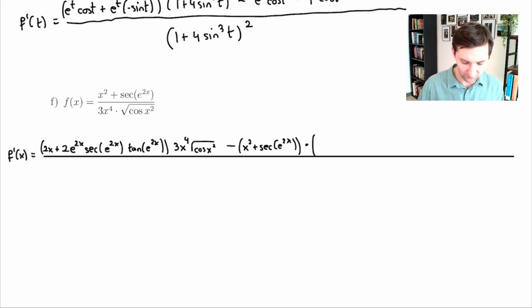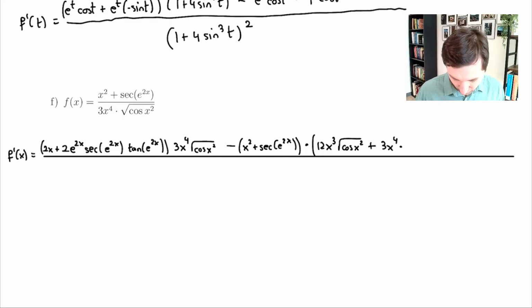And now, to take the derivative of the bottom function, I must apply the product rule. So I take the derivative of the first function, which is 12x to the third power, multiplied by the second function, root of cosine of x squared. Add to it the first function, 3x to the fourth power, multiplied by the derivative of the second function.